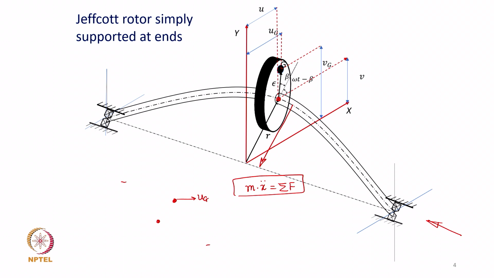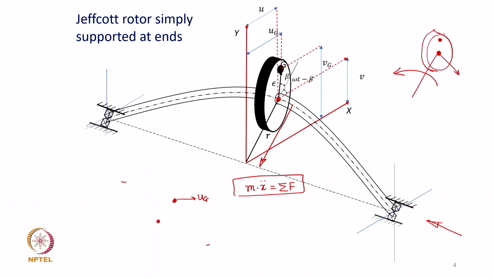And similarly, this disc is moving. Suppose you just imagine that this disc is moving in a fluid. This disc is moving and whirling in the fluid. What will be the dissipating force? The dissipating force will be with respect to the center of rotation. So, therefore, we really do not care where the mass center is.